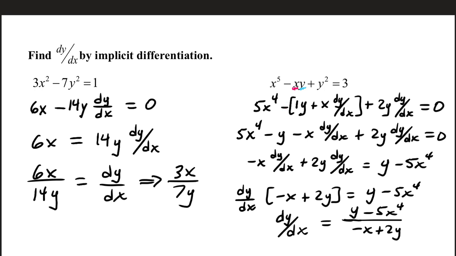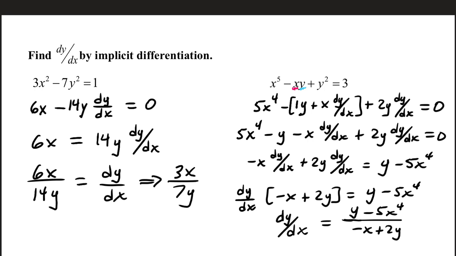Distributing the minus sign, we have 5x to the fourth minus y minus x dy/dx plus 2y dy/dx equals 0. Solving for dy/dx, any term that has a dy/dx, I'm going to leave on the same side of the equation. Any term that does not have it, I'm moving over.